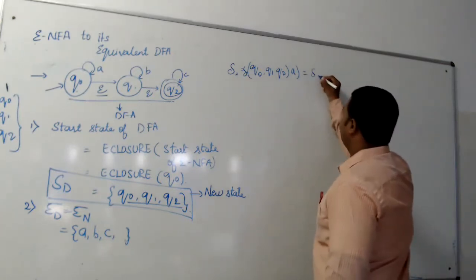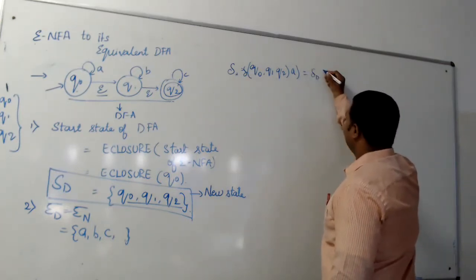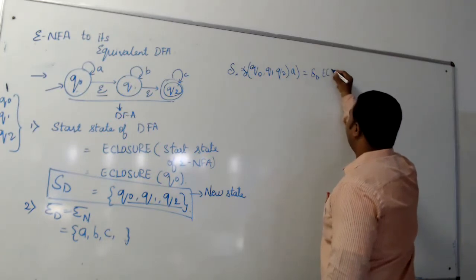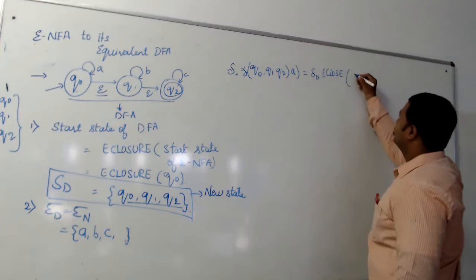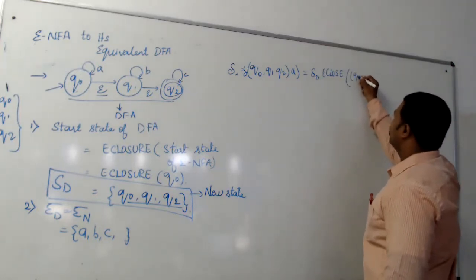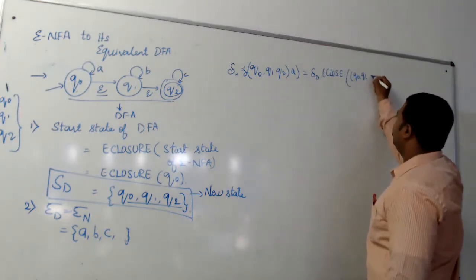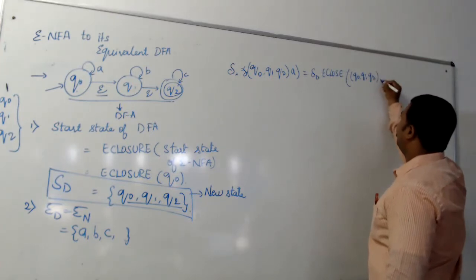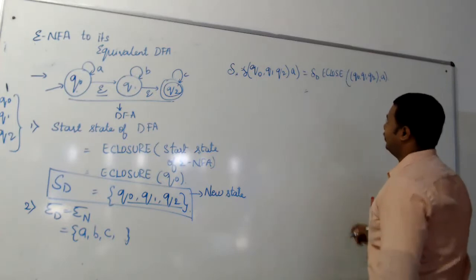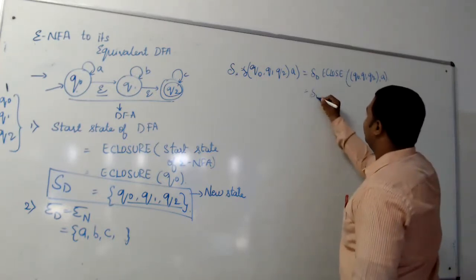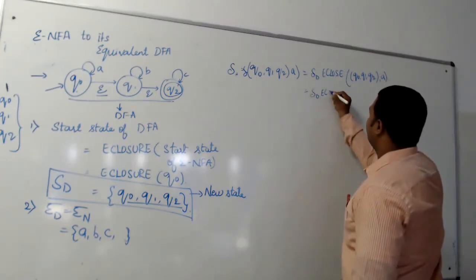So the transition of DFA will be E close of transition of Q0, Q1, Q2 upon A. So this I am going to elaborate.